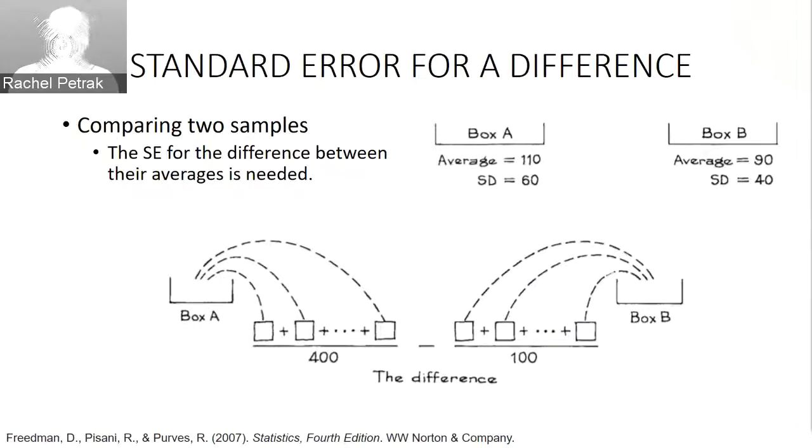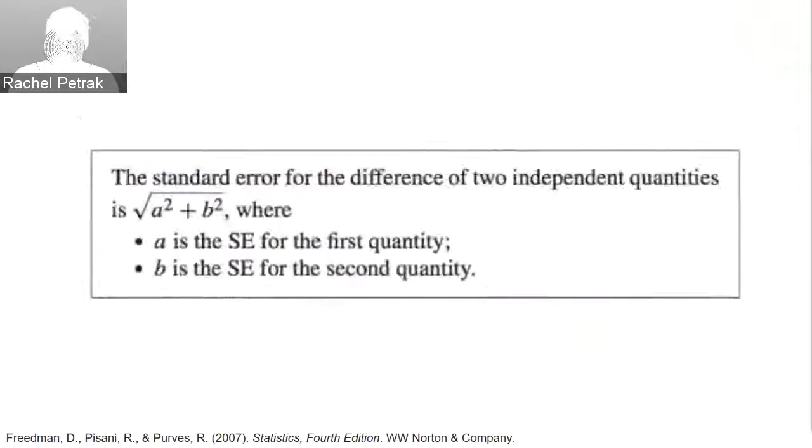Just as when we get deviations from the mean, we have to treat them mathematically with a square in order to remove the sign. We're going to do a similar process here for the standard error for the difference. And we can quantify the standard error for the difference as the square root of the standard error for the first quantity squared plus the standard error for the second quantity squared.